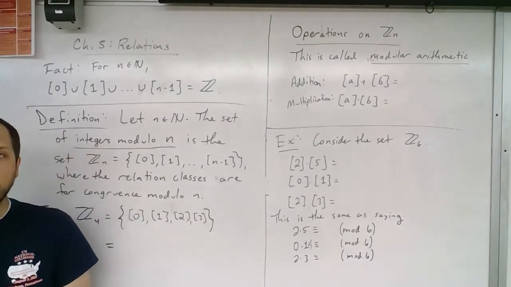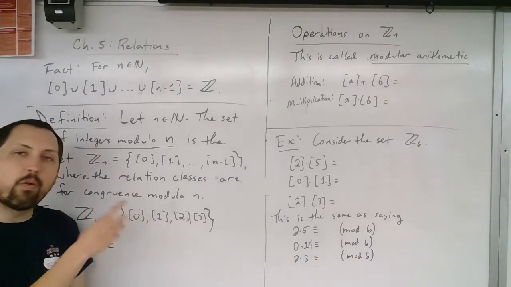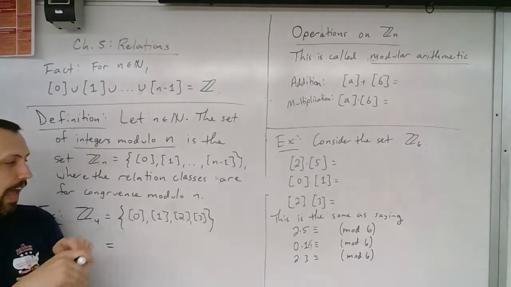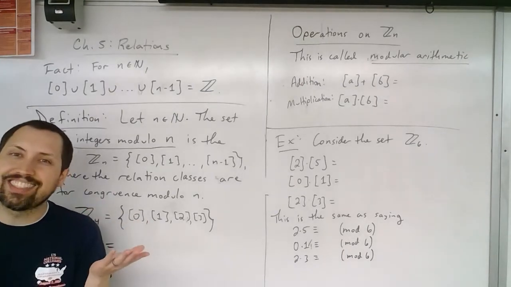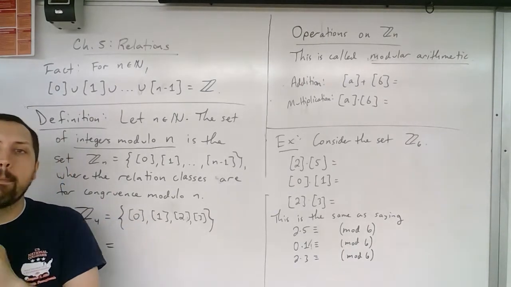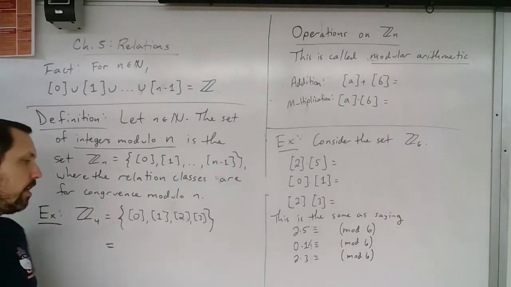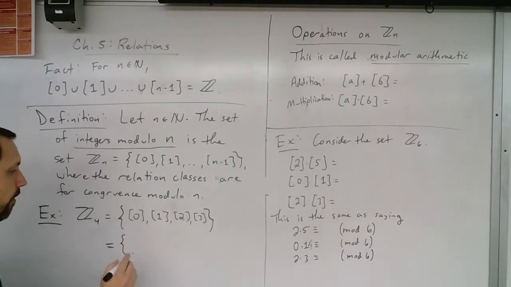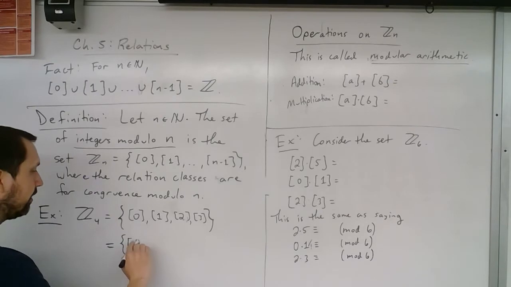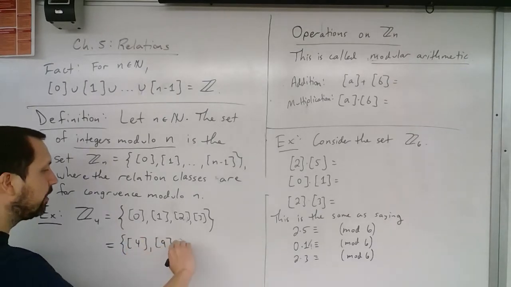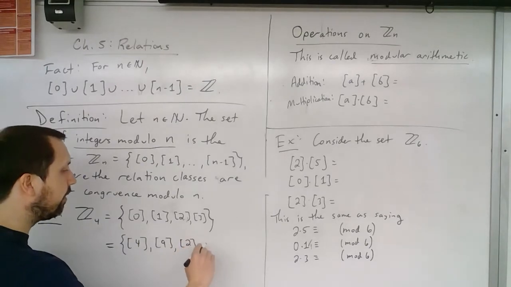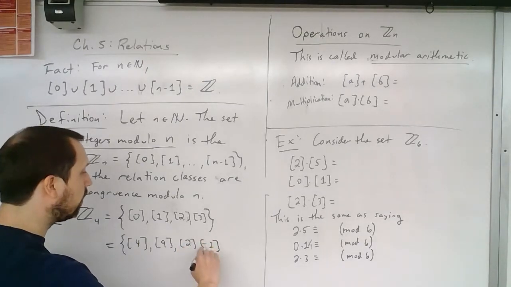So when we're talking about Z4, we're really talking about these 4 elements. Each of these elements is technically a set of a whole bunch of numbers, but there's really 4 elements in Z4. Now we could have also said this is the same thing as the set containing 4, the set containing 9, the set containing 2, and then the set containing -1.